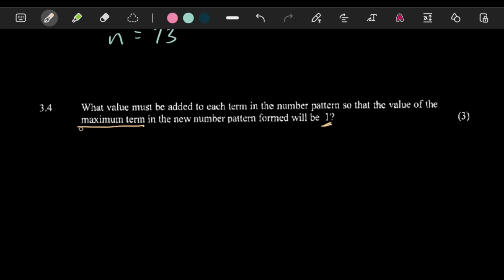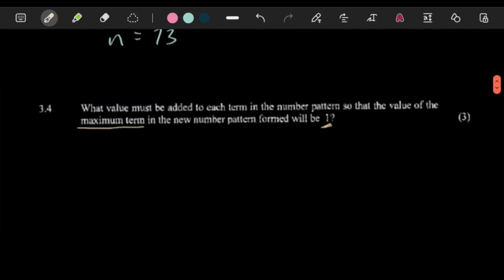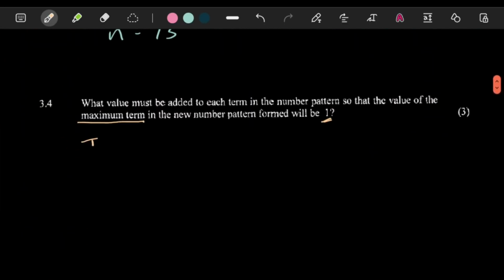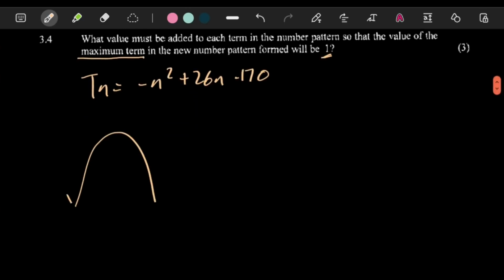What you want to recognize is, remember, a quadratic number pattern is just a parabola. Whether it likes it or not, it's just a parabola. This is the general term of your number pattern, and it is drawing a frowning graph.